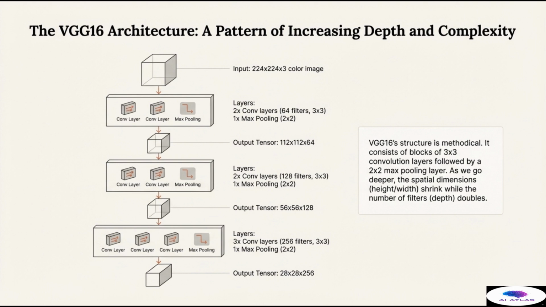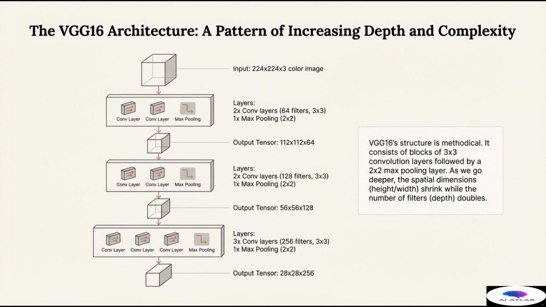Let's trace the first half of the architecture. The input is a 224 by 224 by 3 color image. The first block uses 2 convolutional layers with 64 filters, followed by a max pooling step. This pooling halves the spatial dimensions to 112 x 112, while the depth remains at 64. The second block repeats this pattern, doubling the filter count to 128 and pooling again, resulting in a 56 x 56 x 128 output tensor.